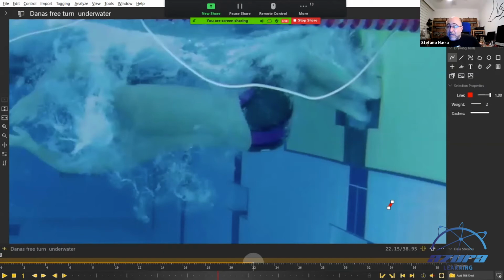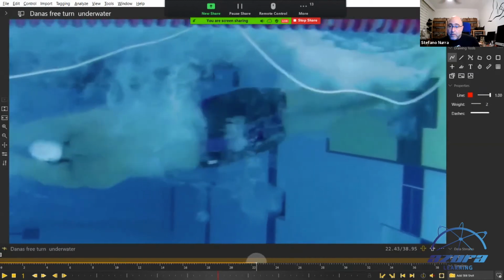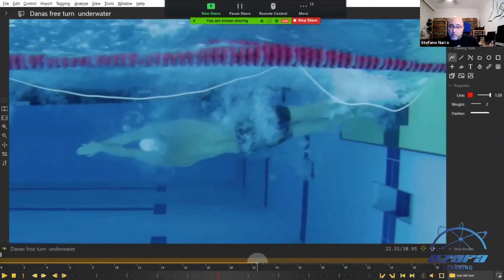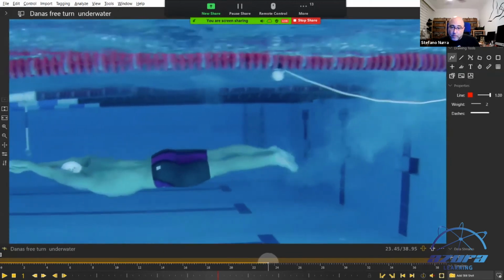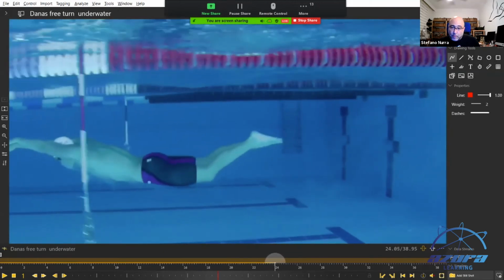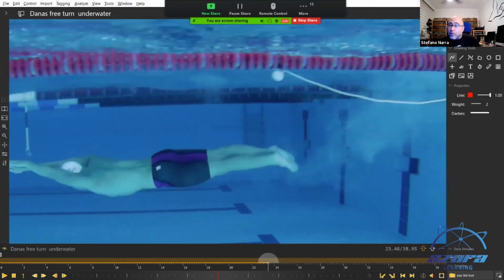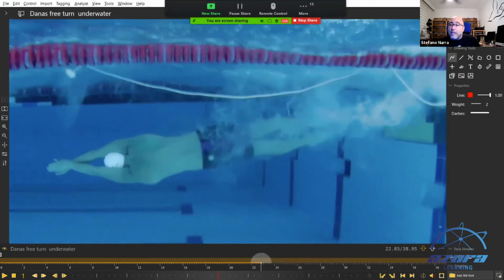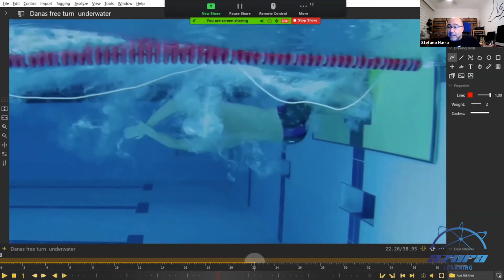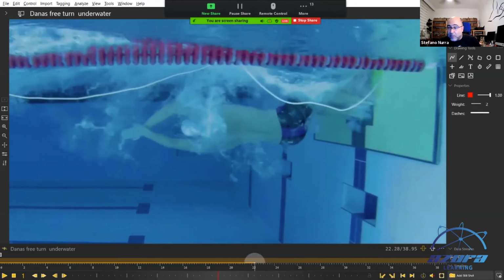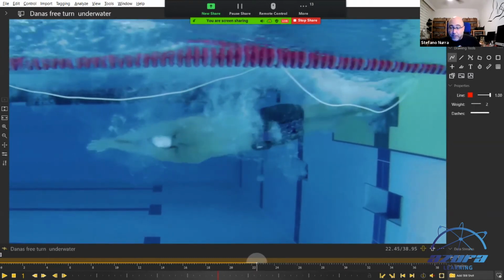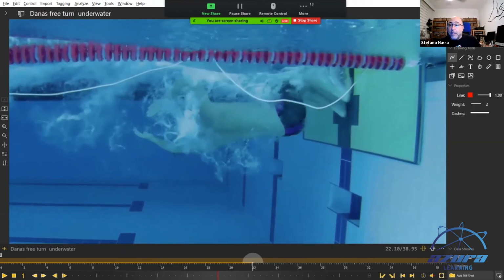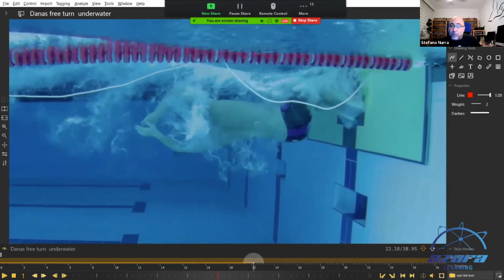We can see that they are open, maybe it's better a little bit more. Now we have been speaking about the turn for a long time, but we haven't left the wall yet, because we are speaking about the push, the feet position, the rotation, the inclination of the rotation. So after this point, the athlete has to push.